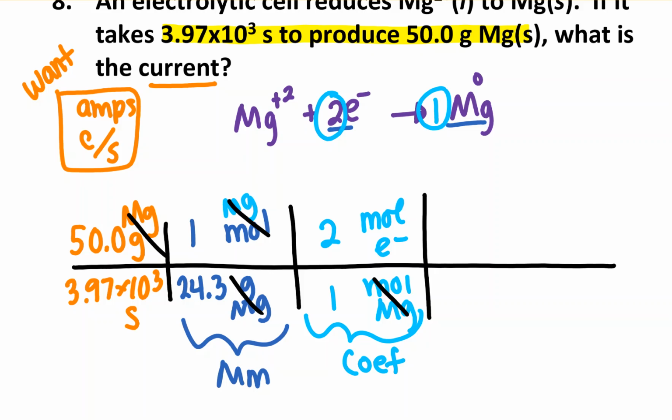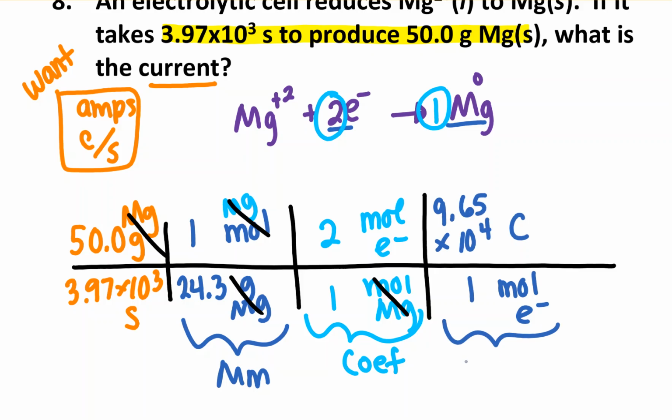But there is a relationship between moles of electrons and charge. And that's the Faraday constant.